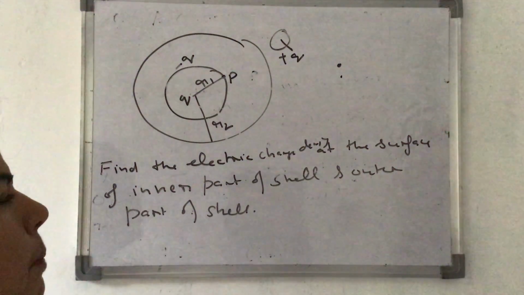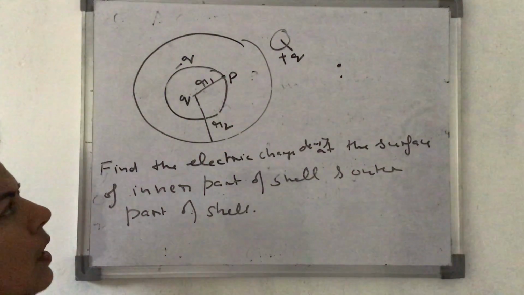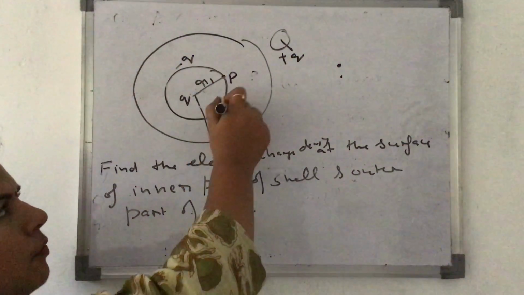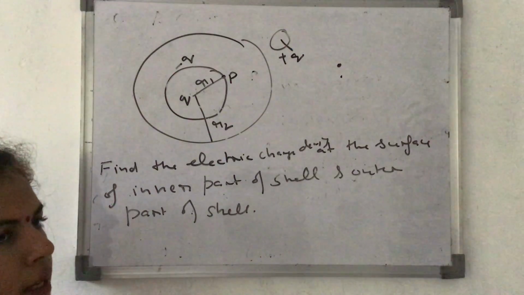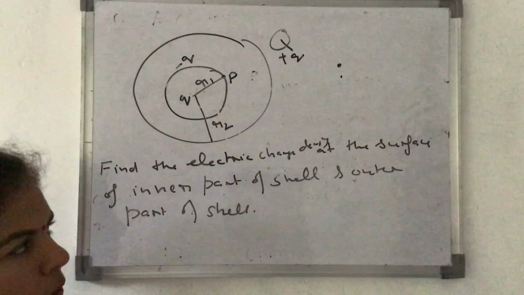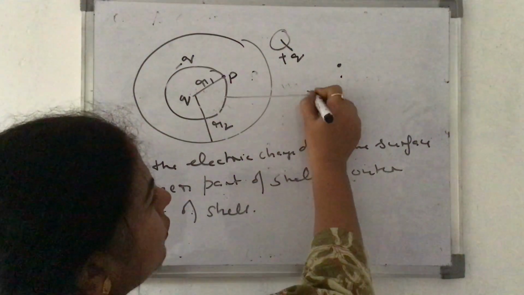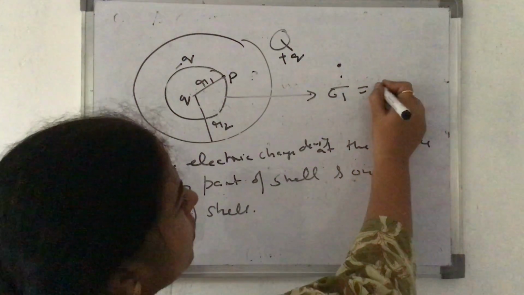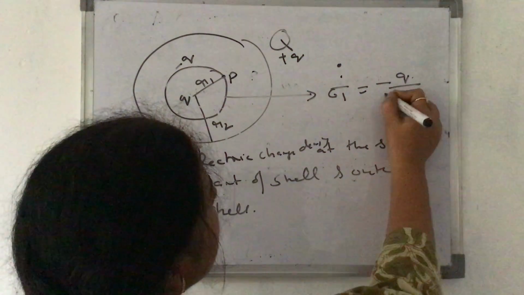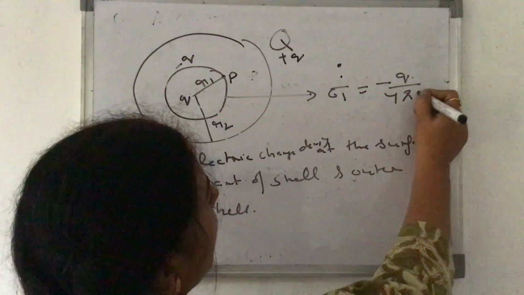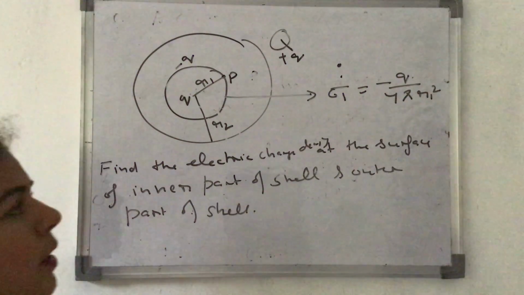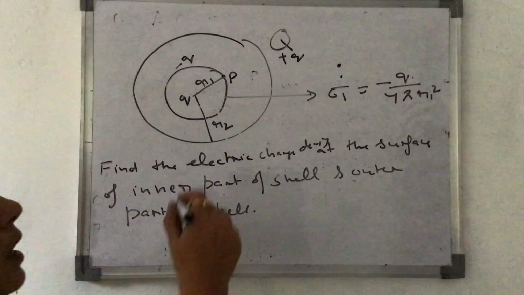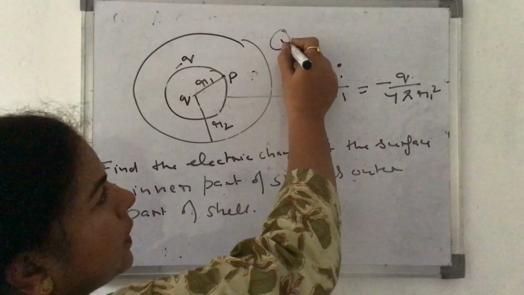If I talk about the inner part of the shell, what is the charge on the surface? The charge on the surface is minus q. As a result, the surface charge density for this one, sigma 1, is equal to minus q divided by 4 pi r1 square. Next, what is the surface charge density on this part?